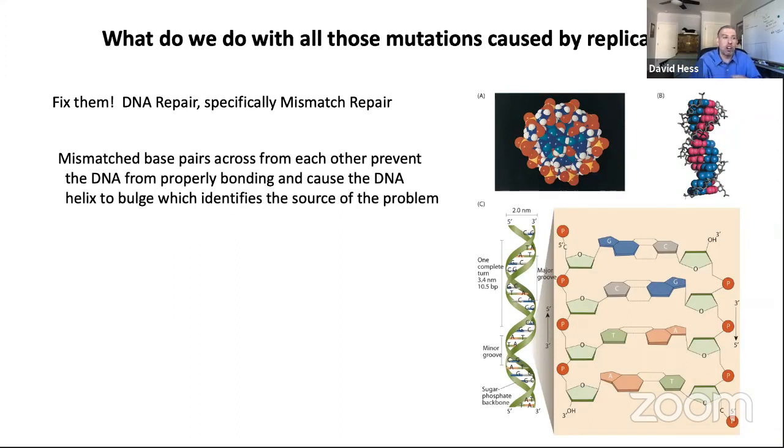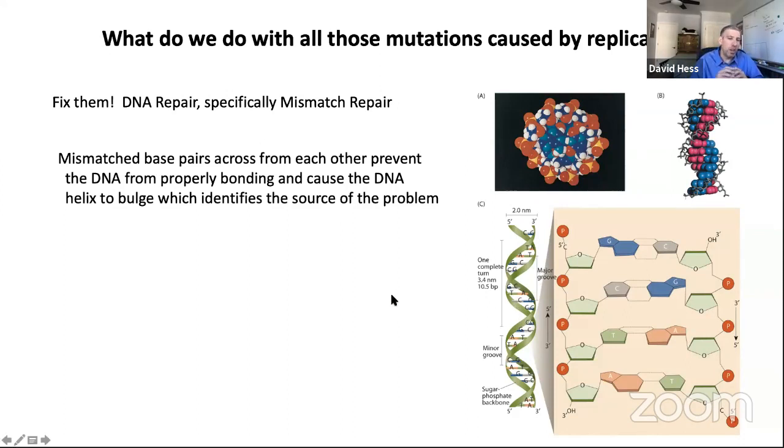A G would no longer look like a G. It would look like something completely different. It wouldn't look like a C, a T, or an A. So if the cell sees a bulge and sees a foreign base, it knows one of its bases was damaged. That's easy. Cut that out, fill it back in with normal base pairs, and fix the damage.